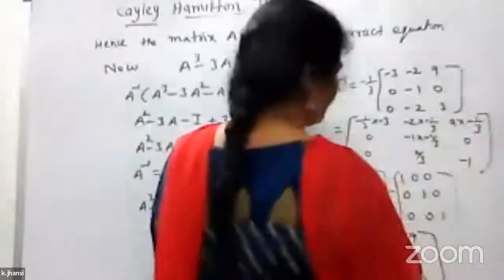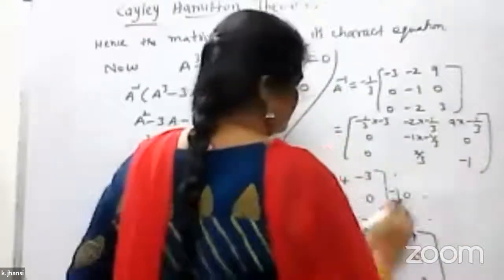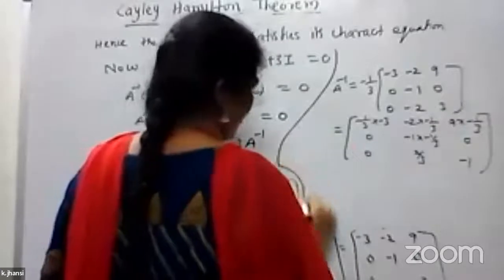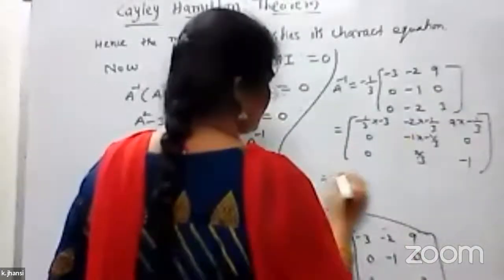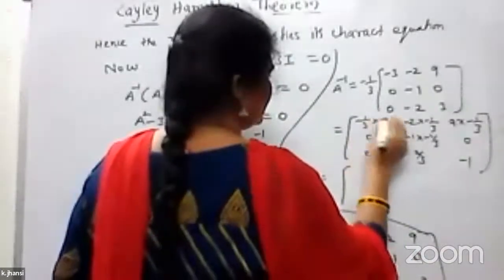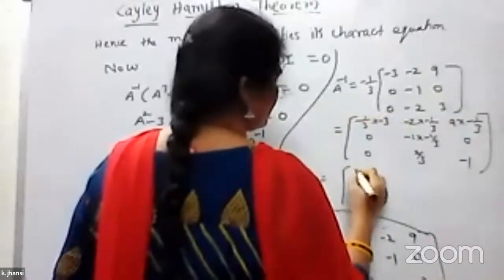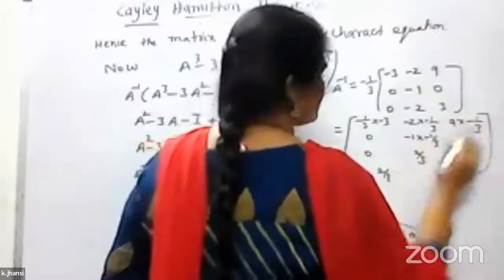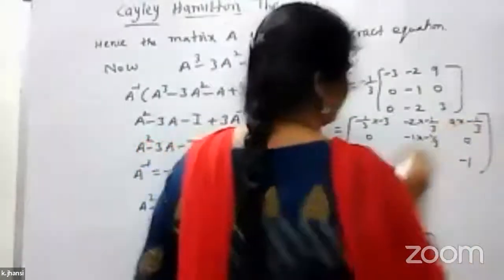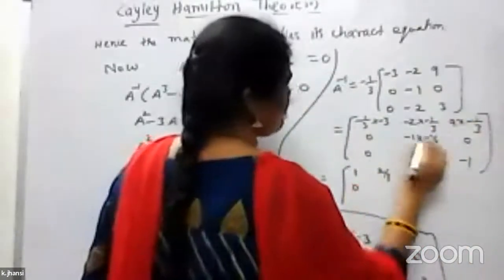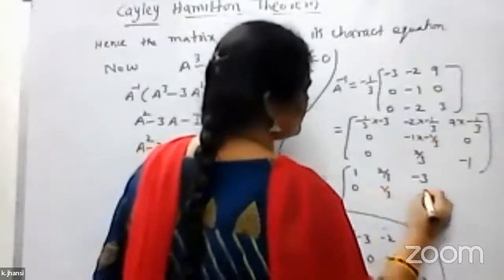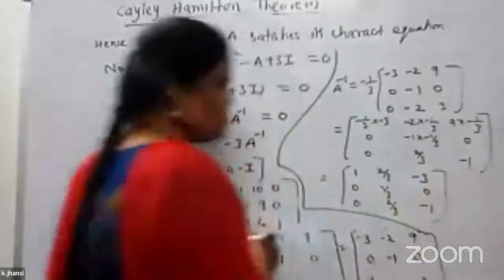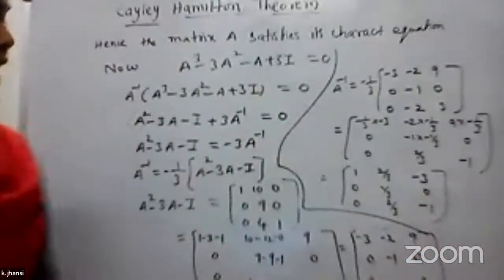Now when you simplify this, if you have time, you can simplify this, or else you put like that only. So 3, 3 and here minus into minus plus, so this will be 2 by 3. And this is minus 3, 3 times, so it is 0. Minus into minus is plus 1 by 3. 0, 0, 2 by 3 minus 1. So this is the answer of the A inverse.